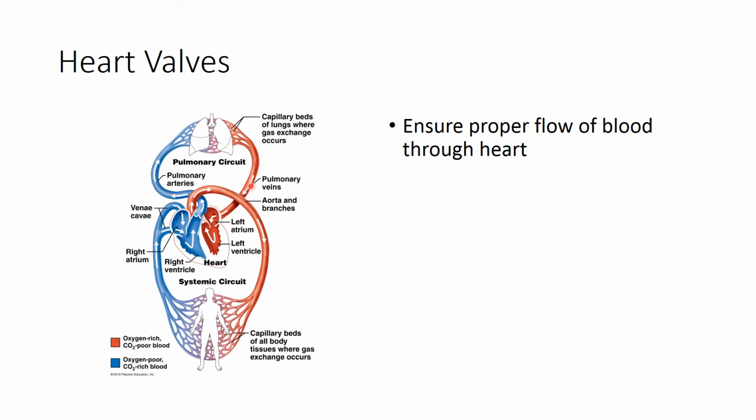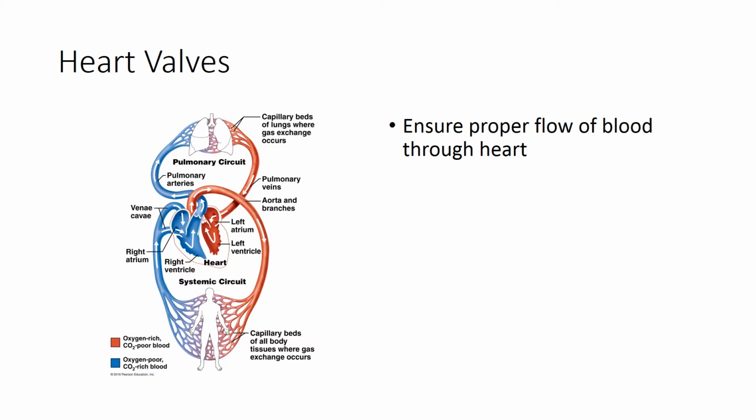Blood then returns to the heart, now to the left side, first to the left atrium via the pulmonary veins. It then moves to the left ventricle and is ejected through the aorta so that this oxygen-rich blood can be carried to the body cells.